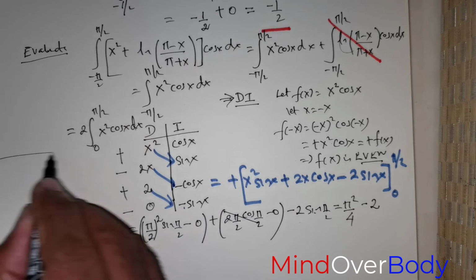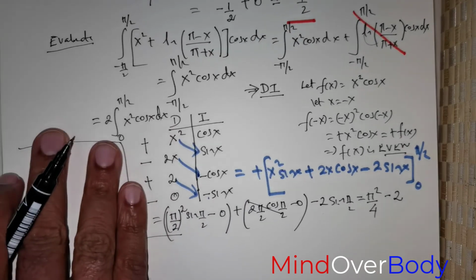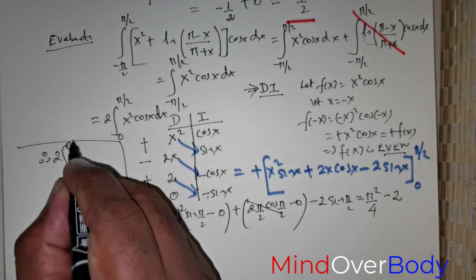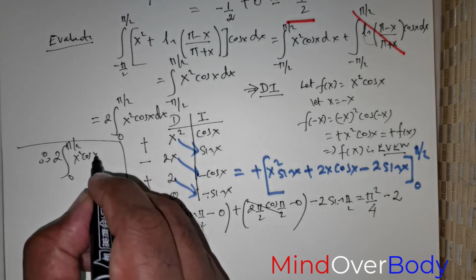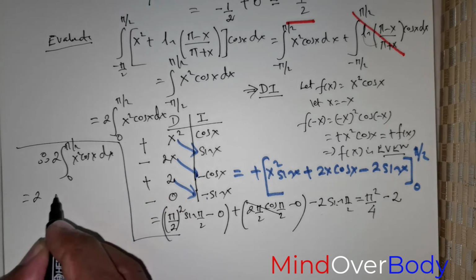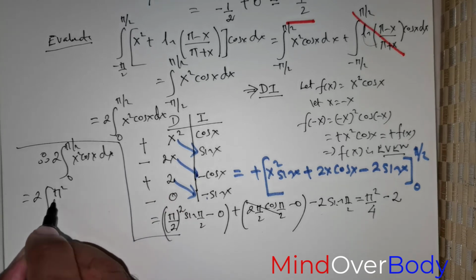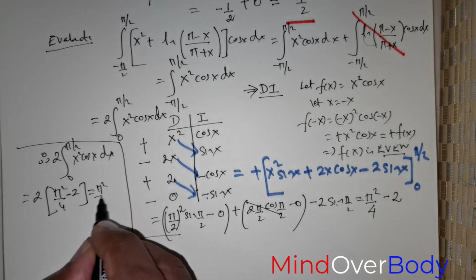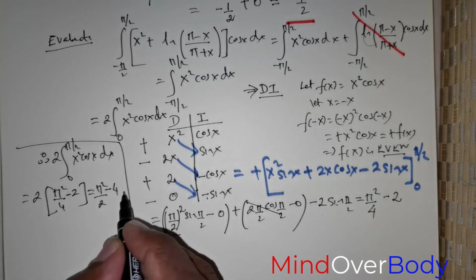So I need to take this value and substitute it here. Therefore, 2 times the integral from 0 to pi over 2 of x squared times cos x dx is equal to 2 times (pi squared over 4 negative 2), which is equal to pi squared over 2 negative 4 units.